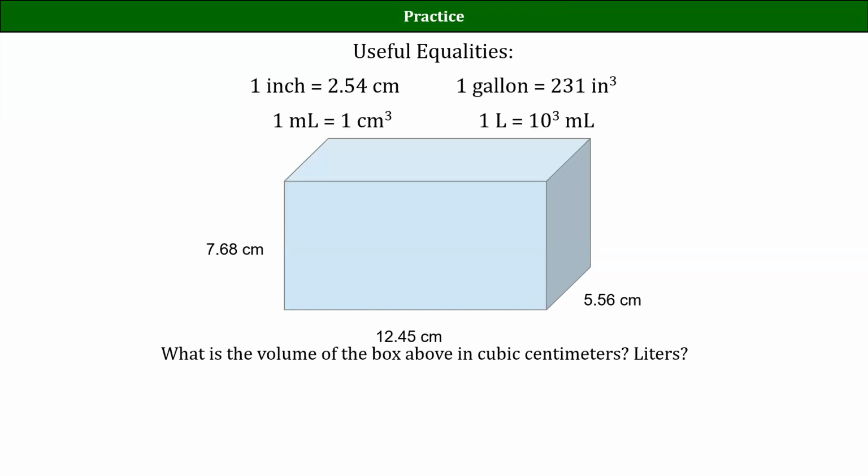What do we get? 532 after we round, right? We're only going to keep 3 sig figs because we have 3 sig figs times 3 sig figs times 3 sig figs. So our answer is going to have 3 sig figs.